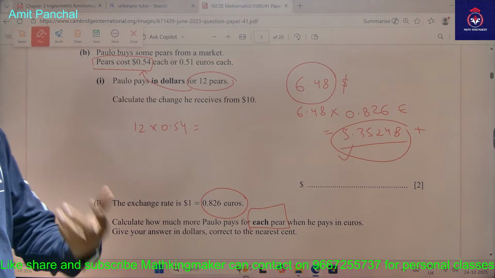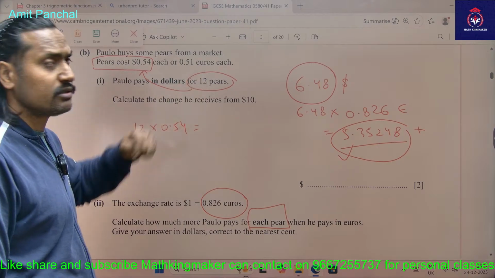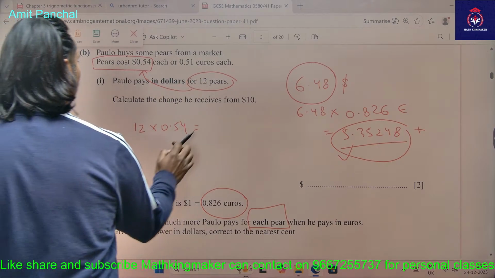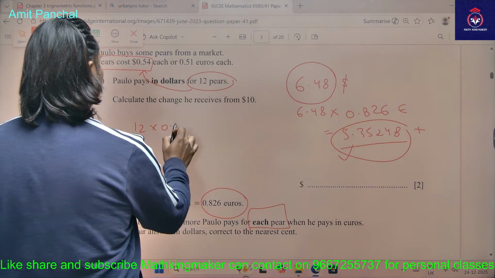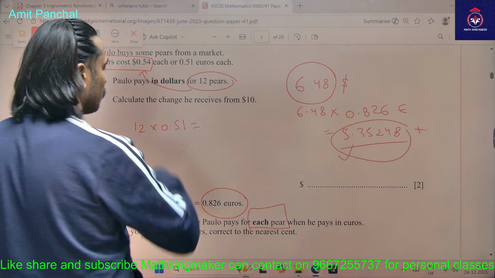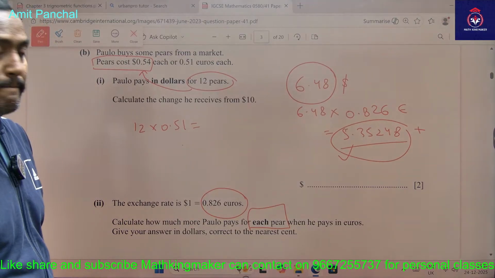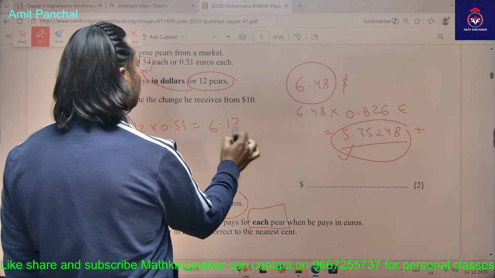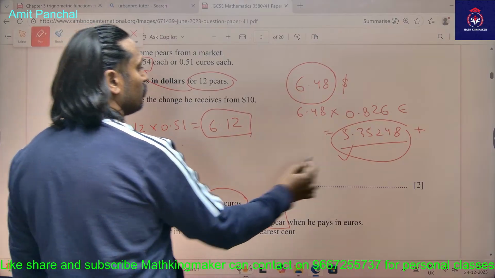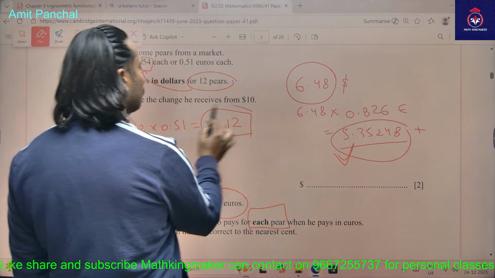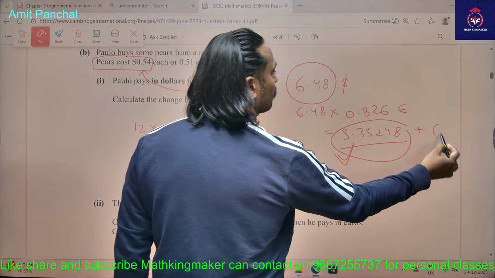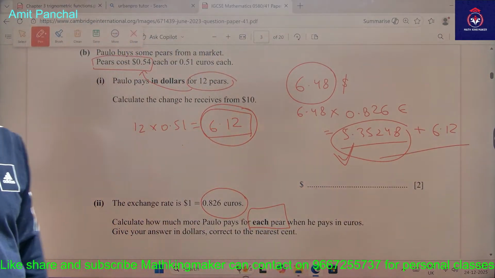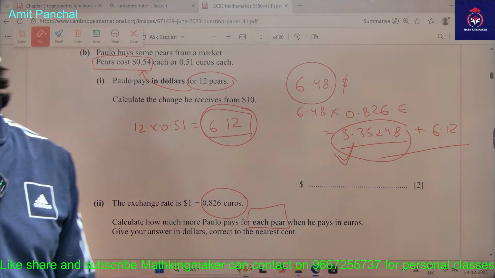And how much in euros for 12 pears? 0.51 multiplied by 12. 6.12. So this is for the exchange and this is for the price. So totally you are paying this in euros, isn't it?